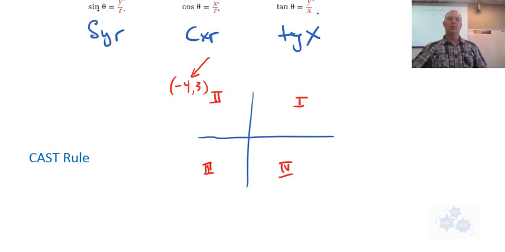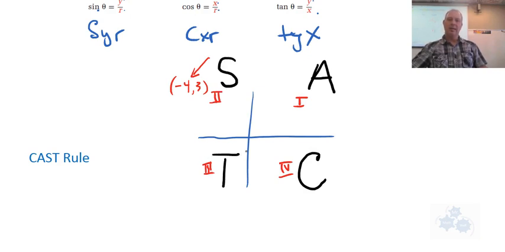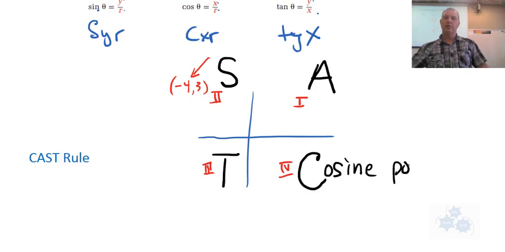The CAST rule looks like this. Start down here, C, and then go counterclockwise: A, S, and T. What this does is it helps you remember which trig functions are positive in which quadrants. So the cosine is positive in quadrant 4.